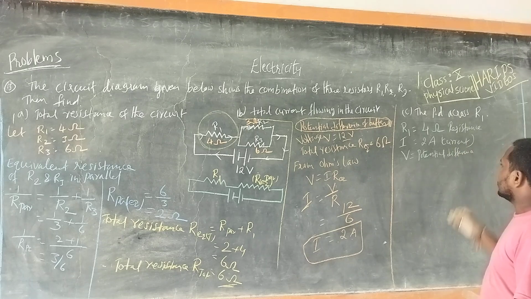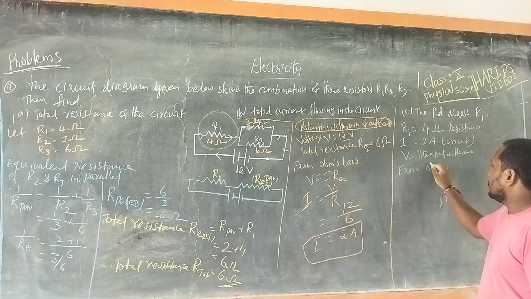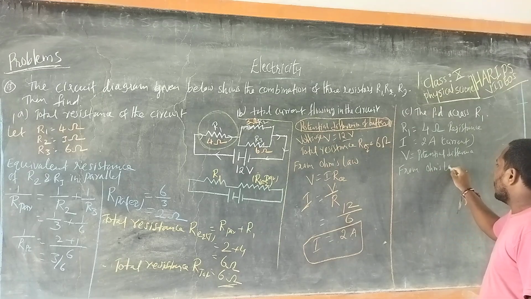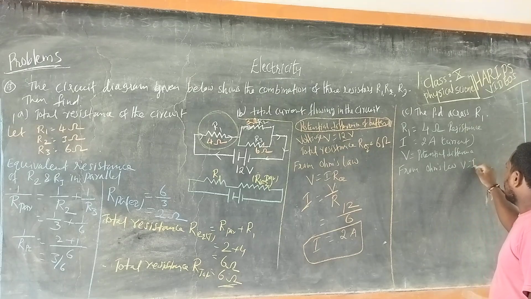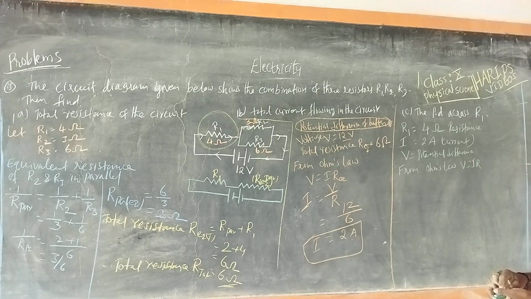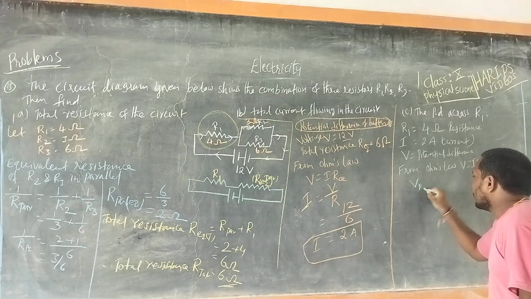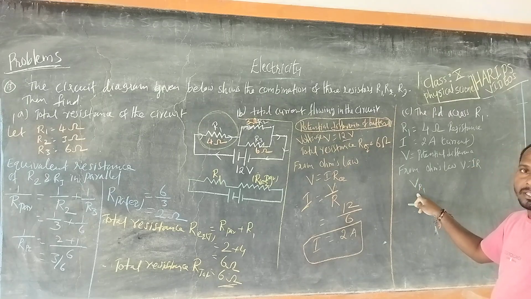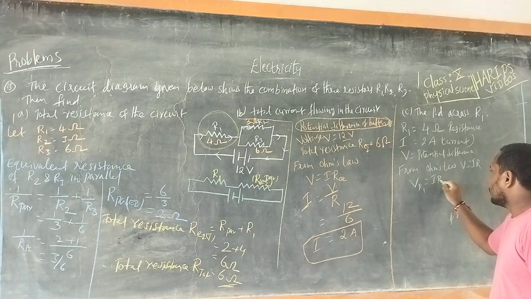From Ohm's law, V is equal to IR. Then we can write VR1, the potential difference of resistor R1, is equal to IR1.